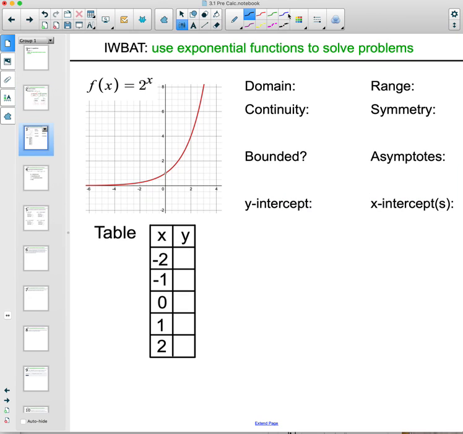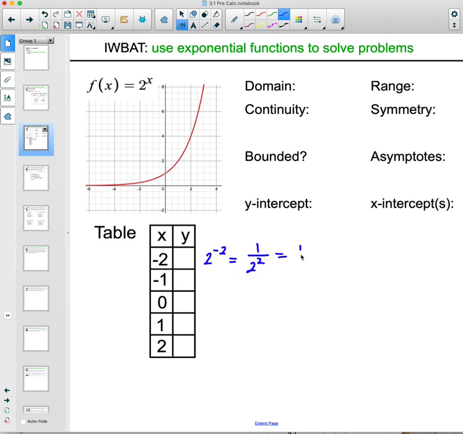So let's just take a second here to analyze an exponential function, so 2 to the x. Let's actually fill in the table. I know it's already graphed, but I want to take a look at actually filling out the table just to remind you how negative exponents work. We're going to plug -2 in, so we're going to have 2 to the -2. Remember that negative exponents mean we'll bring them to the denominator and make the exponent positive.